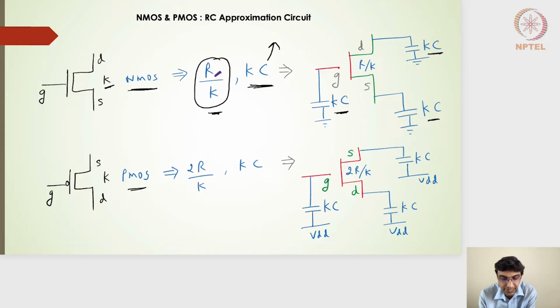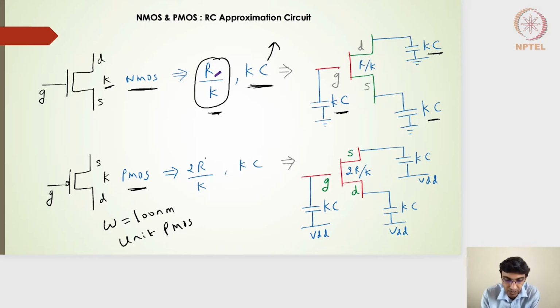For a PMOS, a unit PMOS again has a width of 100 nanometers. The switching resistance of a PMOS is twice that of an NMOS, attributed to the lower mobility of holes compared to electrons.